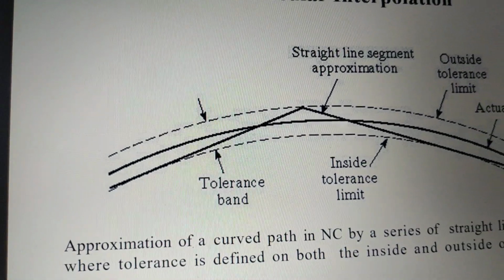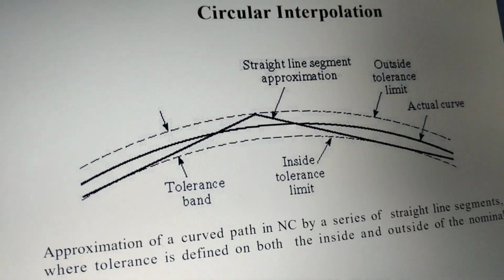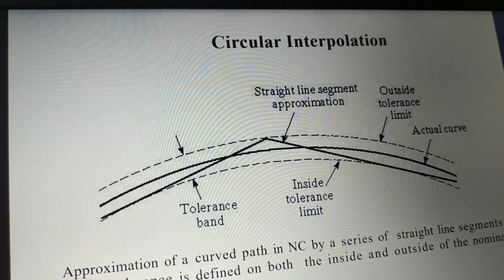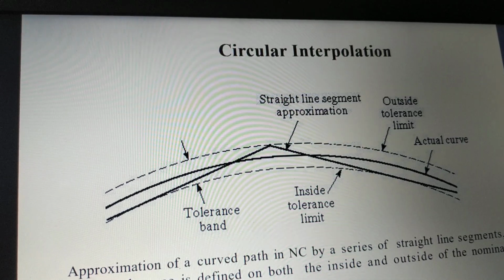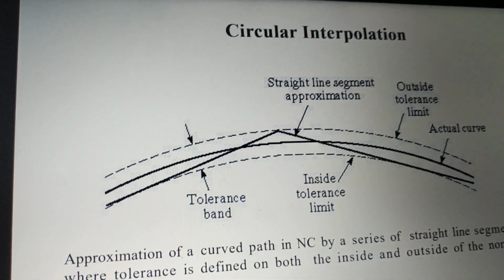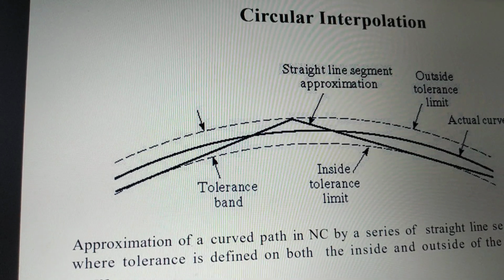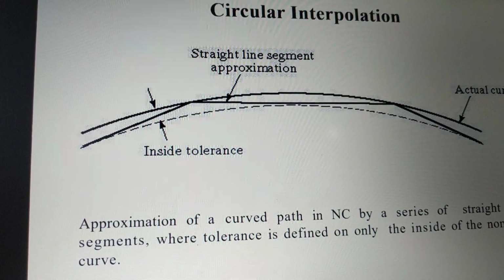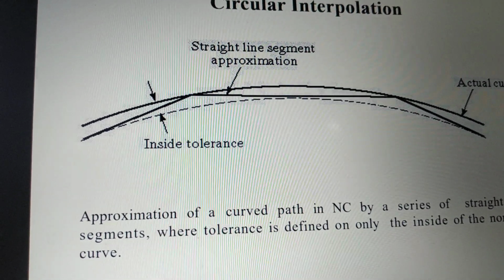How the circular interpolation is done, you can see, the entire circular interpolation generation of the arc. It is done by the approximation of the curved path in the NC machine by a series of straight line segments.